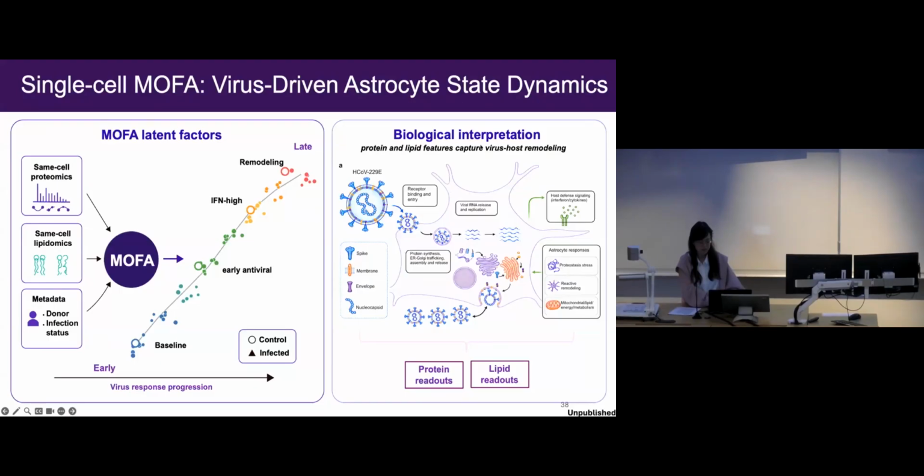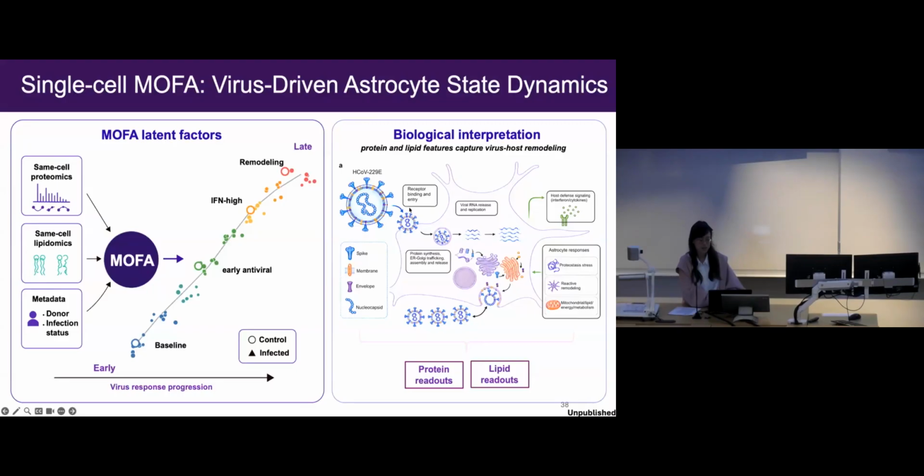The protein and the lipid together can capture the virus and the host remodeling. For instance, we can detect viral structural proteins like the capsid, nucleocapsid, envelope, membrane, or the spike protein.